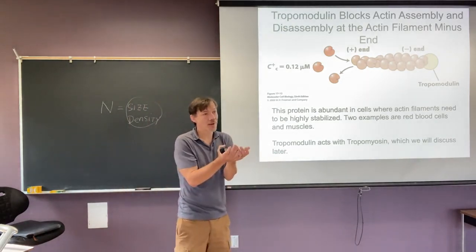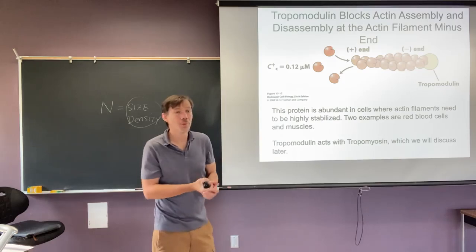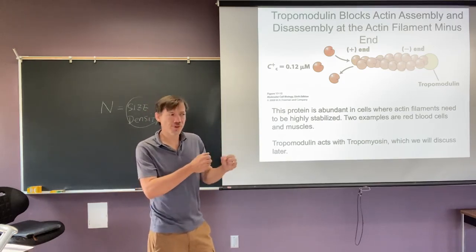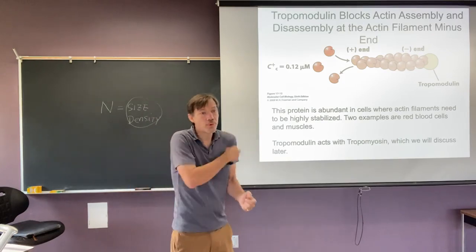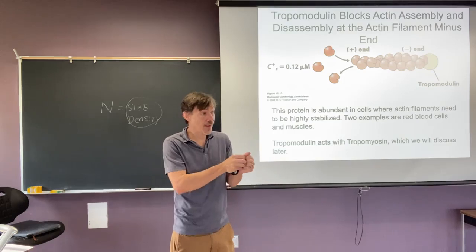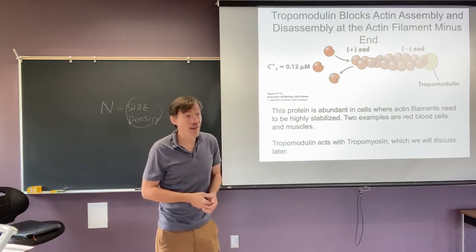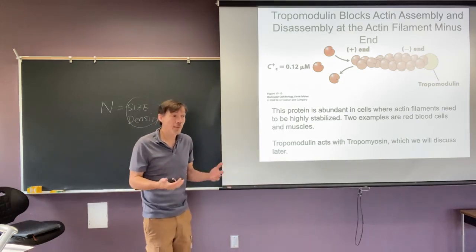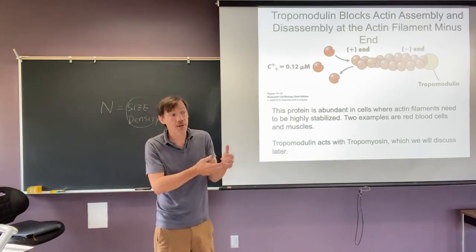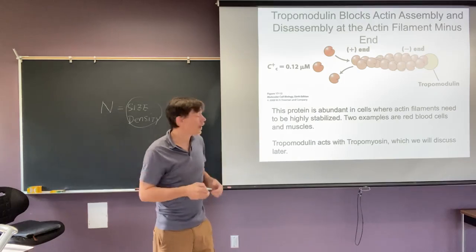So if you think about it, like your red blood cells need to be able to resist forces. So as blood cells move through your body, there's a lot of pressure differentials that can tear blood cells apart. And in fact, in sickle cell anemia, one of the problems is that the blood cells lose their integrity because these forces are there.